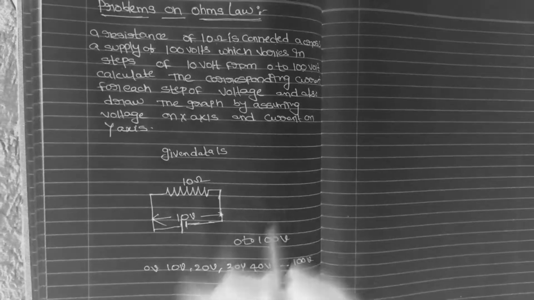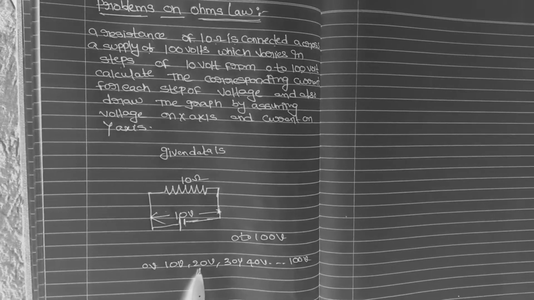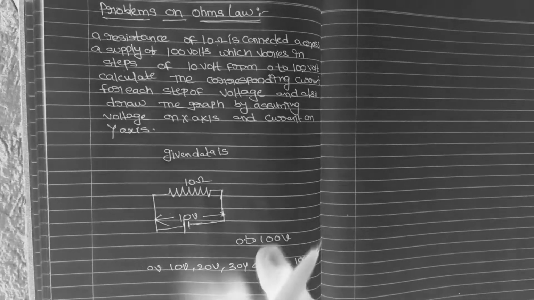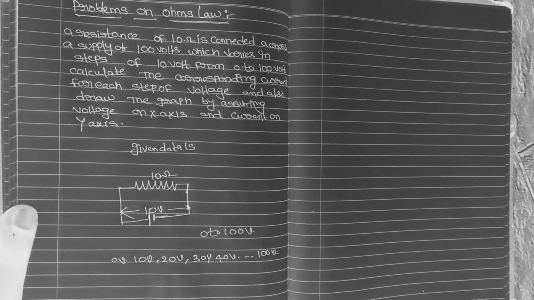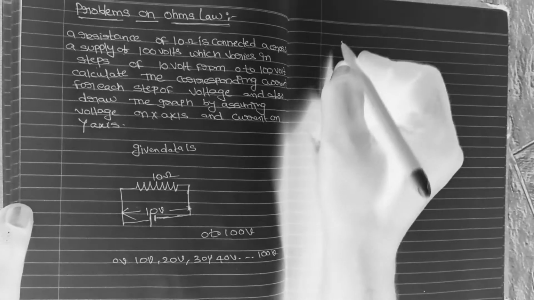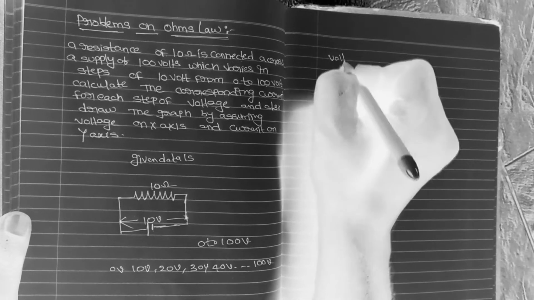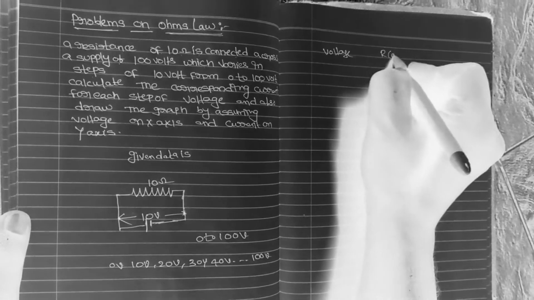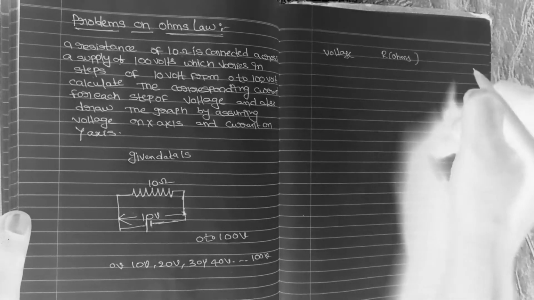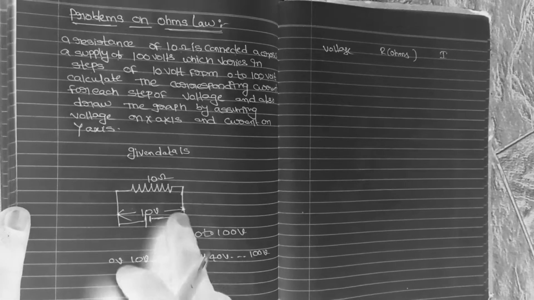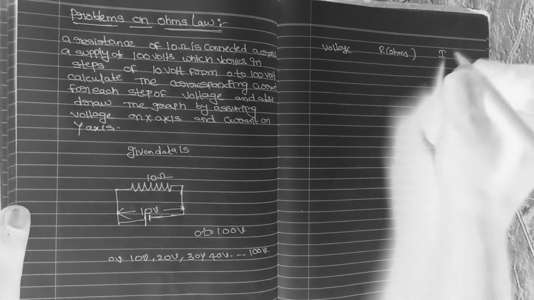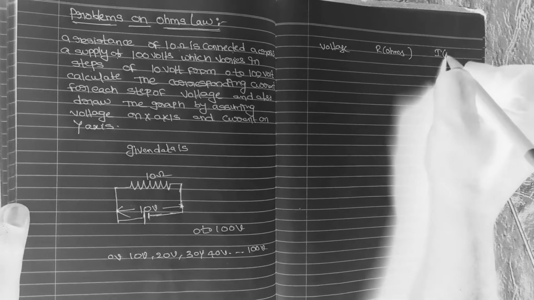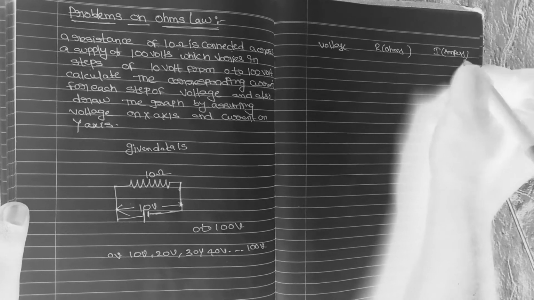First of all, at each individual voltage we have to calculate the individual current. We take the voltage ratings, the resistance, and the total current in amperes, which we finally get.